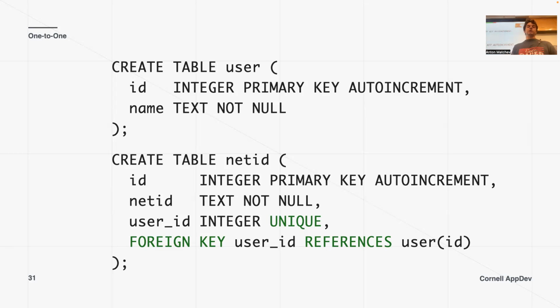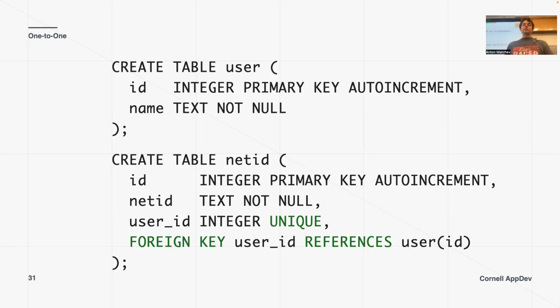And then the new syntax is going to be in this net ID table. So we're creating this net ID table. It's going to have, again, an ID, which is the primary key, and we auto increment it. We have the actual net ID, which is text not null. And we're going to have this column called user ID. It's an integer and it's going to be unique.